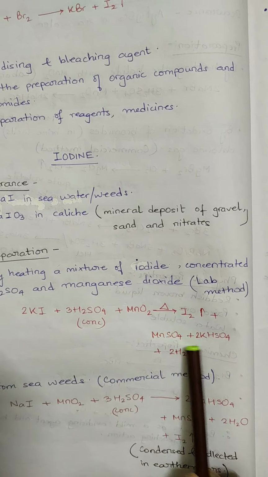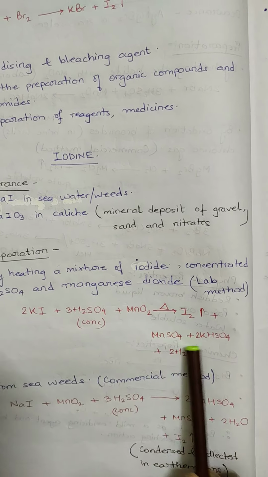So industrial method is directly from seaweeds or from NaI, sodium iodide. Now here the iodine formed is condensed and then collected in earthen jars. To condense iodine is very easy, because iodine primarily exists in solid state and it's highly sublimable. So it's quite easy to condense iodine.